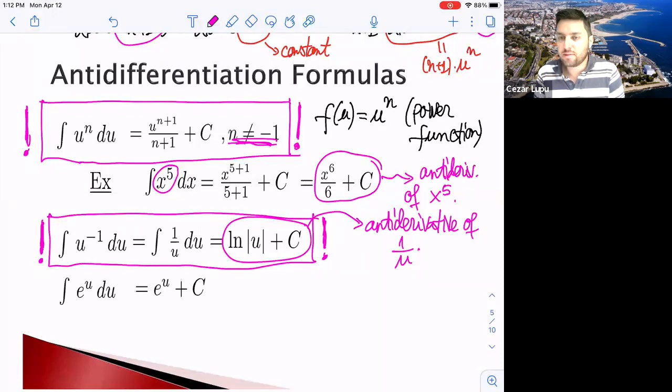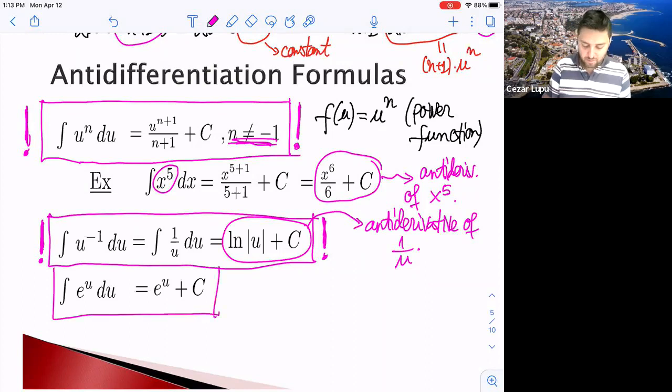Well, there is also this function that, when you differentiate it, doesn't change, and that is the exponential function. So it will stay the same basically. So the integral of e to the power u du is e to the power u plus c.